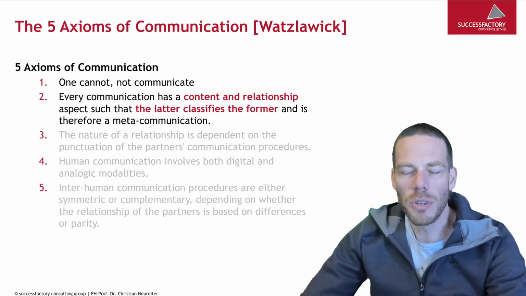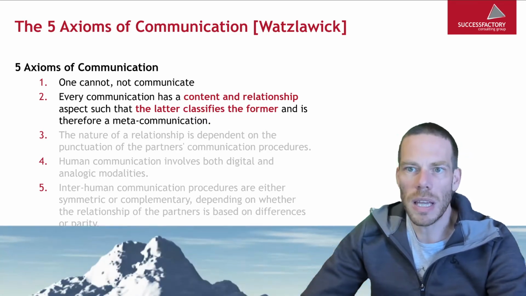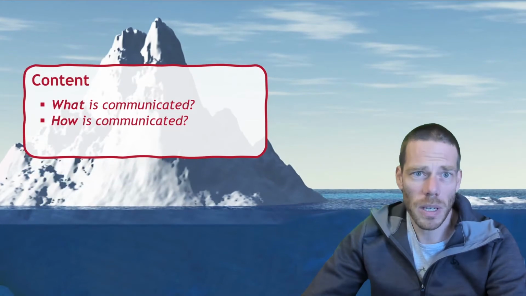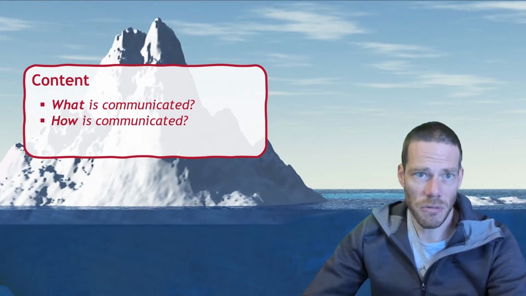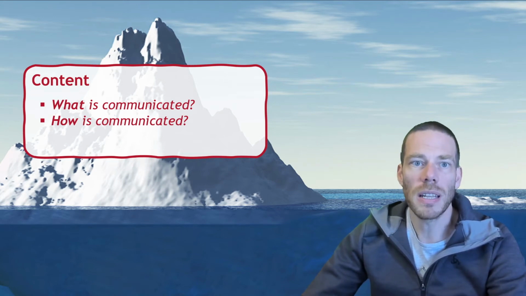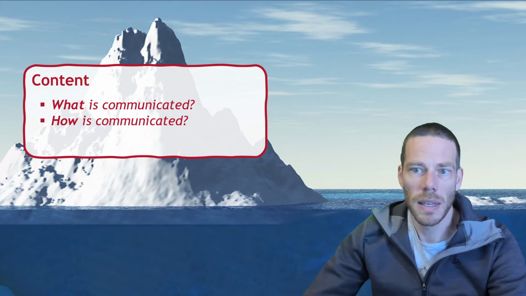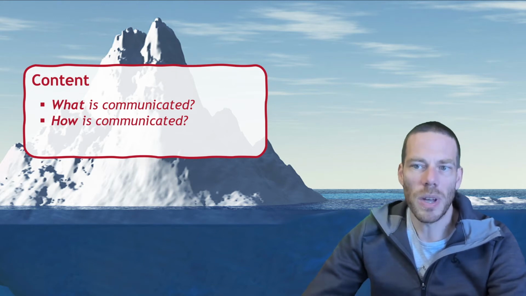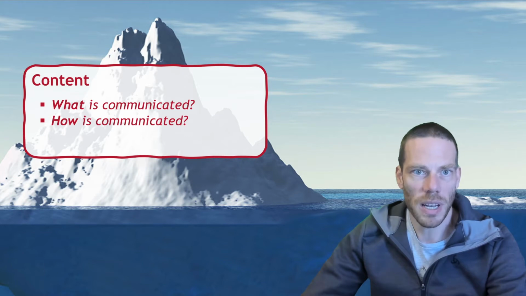Maybe a few of you already learned about the iceberg model, which is a synonym for this. Above the surface we have the content, which is basically the content that we transport. And I also like to add here the second aspect, how the content is transported, how communication takes place.